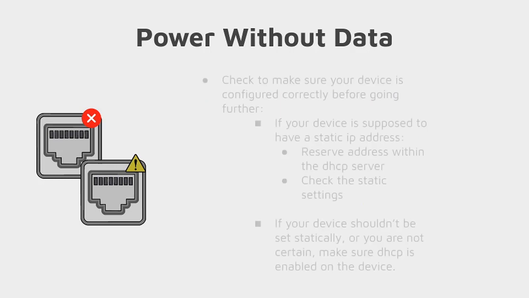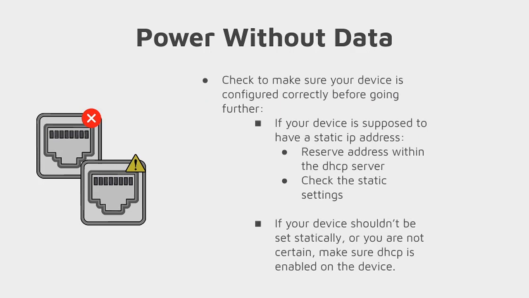So the first thing we want to look at here is configuration. It's simple, it's easy, and I'd say it's probably more common than some of the other issues. If your device is supposed to have a static address, you have to make sure your static settings are correct. Check your gateway, check your subnet mask, check the IP that you're using. Make sure you didn't have any typos.